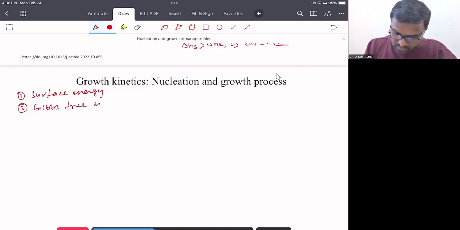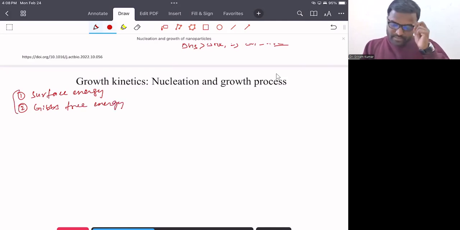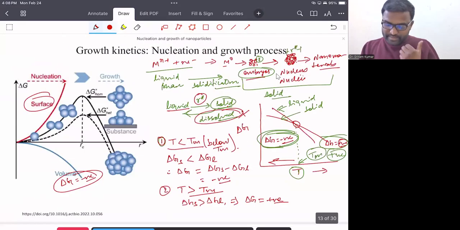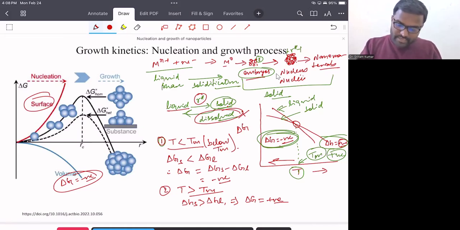These are the key parameters that affect the overall growth of the nucleation process. The volume contribution is negative, and the surface energy is a positive contribution.